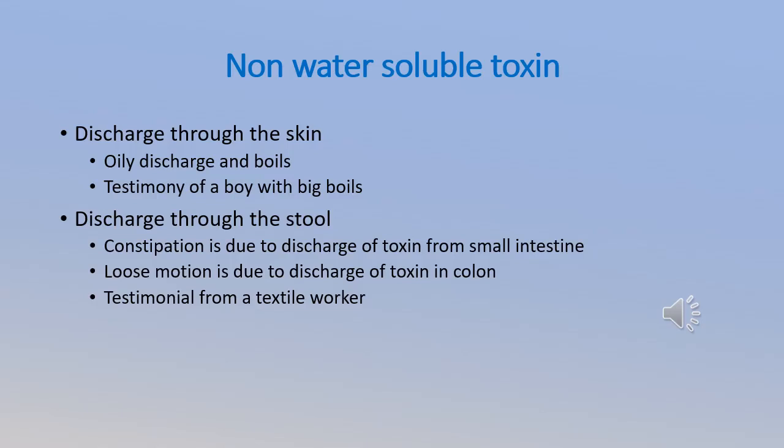He works in a textile company, in charge of saris. What color do you use to dye the cloth? And sure enough, he is in charge of the orange color. He always dyes the cloth orange. That's why after taking Ganotherapy, the stool that came out was also orange. And before the stool came out, he had constipation for one week. That means this was discharged to the small intestine.